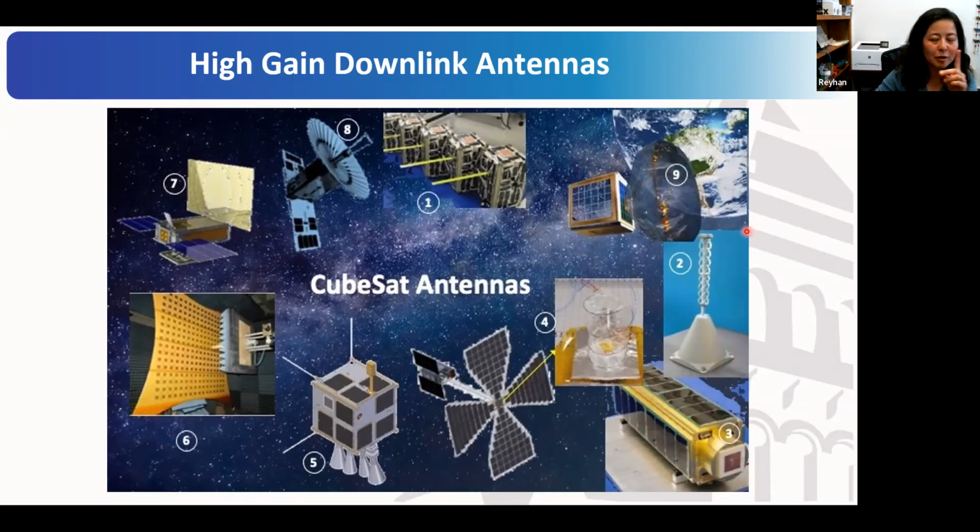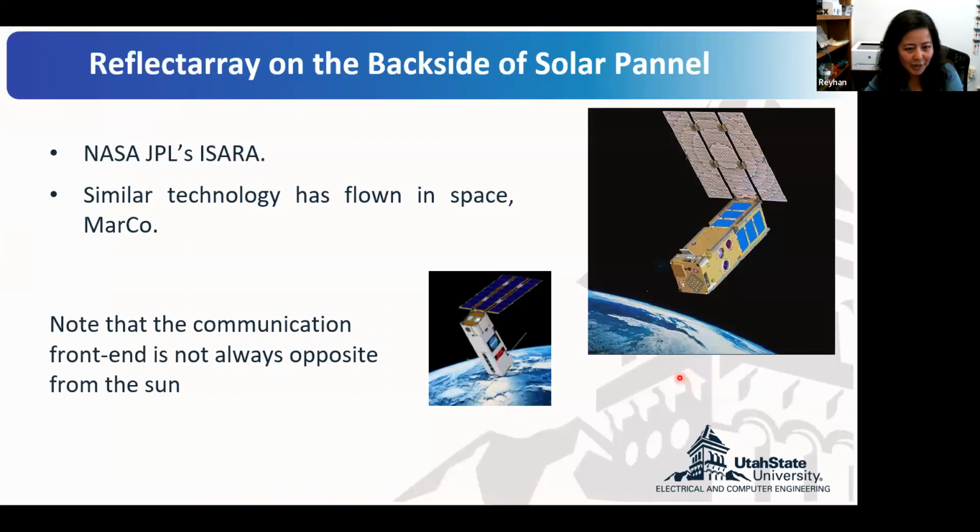So far, we've been talking about just individual element design. So high gain antennas, dish, of course, this is something we are familiar with. Dish antenna can give us high gain, or phased array, or this one like NASA's ISARA and Marco. That's JPL, so that's a reflector array antenna, etc. So this is the place that we can kind of shine here, right?